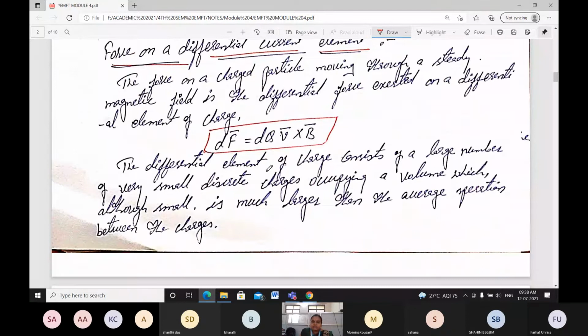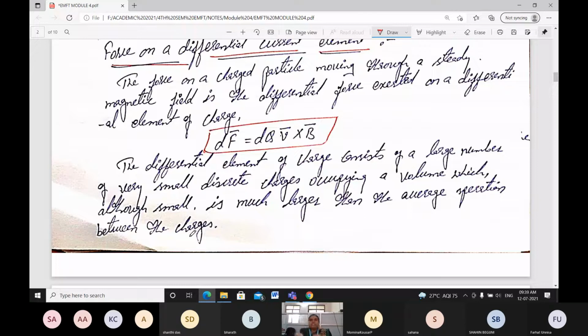The differential element of charge consists of a large number of very small discrete charges. Observe here, a large number of very small discrete charges, like positive charges and electrons or proton holes, occupying a small volume, which is much larger than the average separation between the charges.